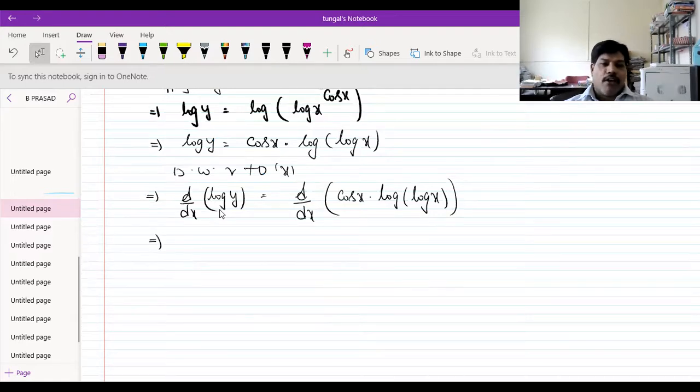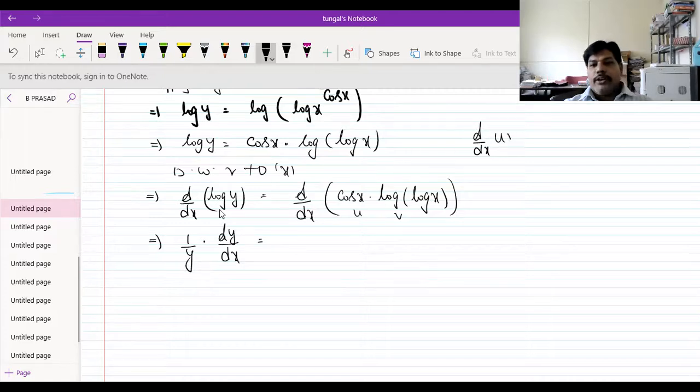So that is nothing but 1 by y into dy by dx. The right side is a uv formula, students. It is u and it is v. So what is the derivative of uv? u into v dash plus v into u dash. So apply this formula here, students.